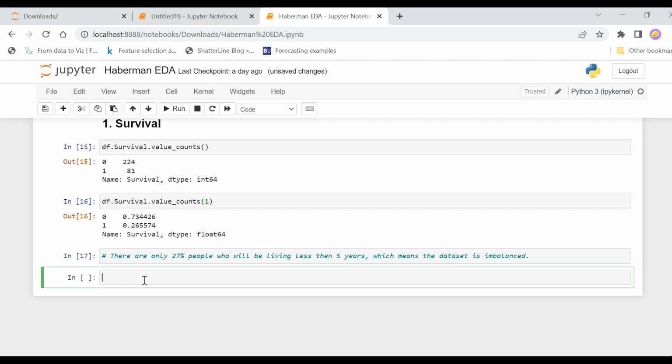So my major concern is whether I would be able to figure out a lot of insights from only 27% of my data set, so that I can make some kind of conclusions for somebody who comes and asks me whether they will be surviving more than 5 years or not. That is a bigger question.